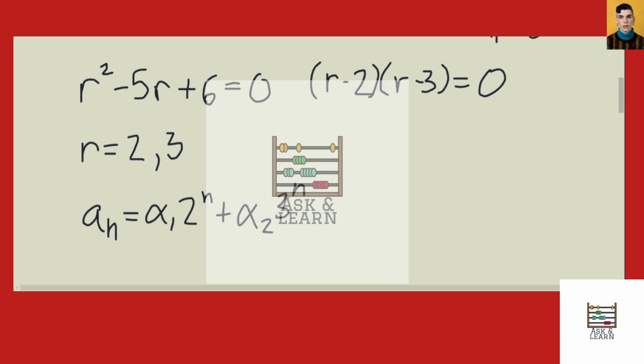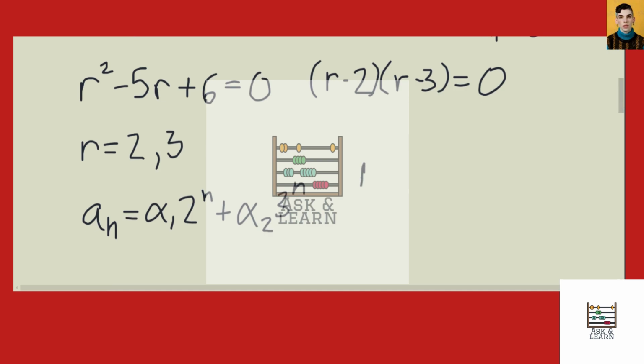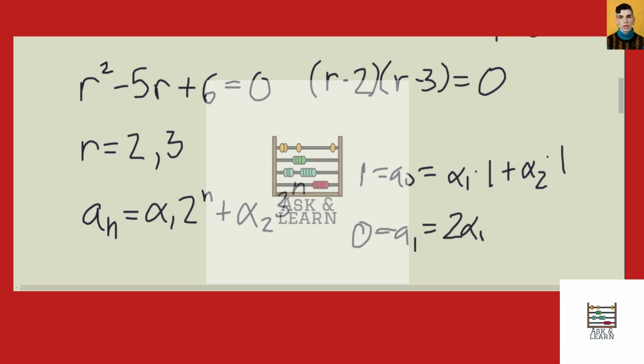And using our initial conditions, we have that 1, which is a_0, is equal to alpha_1 times 1 plus alpha_2 times 1. And we have that 0, which is a_1, is 2 alpha_1 + 3 alpha_2.